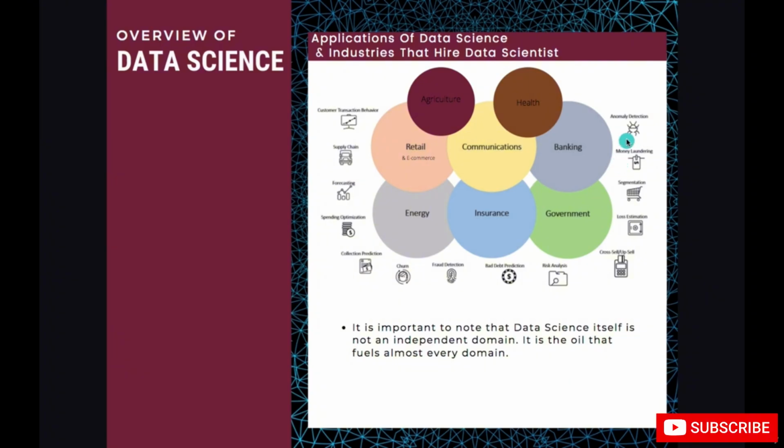For instance, anomaly detection and money laundering in the banking sector, and segmentation in the e-commerce sector: which customers are buying this, and what should we recommend to them if they buy this? Upsell and downsell, like you bought this, you can also add this. Oh, you love this movie, you can also watch this movie. In the supply chain, customer transaction behavior, everything that you can think of, data science is being applied there.